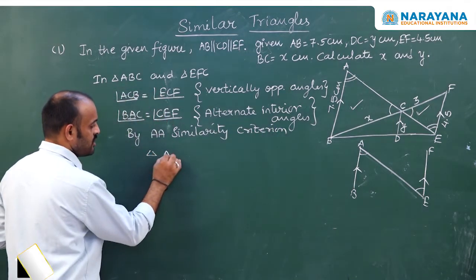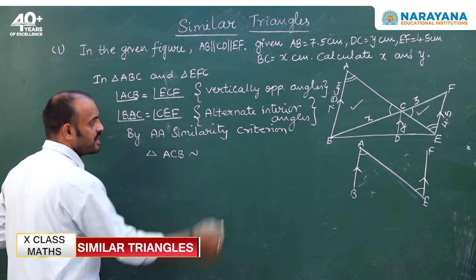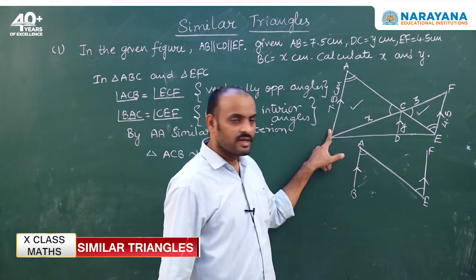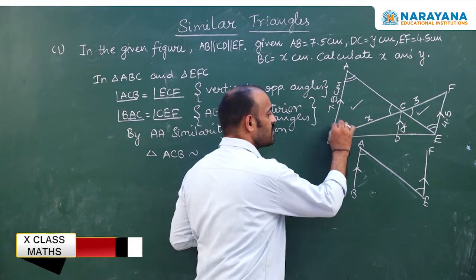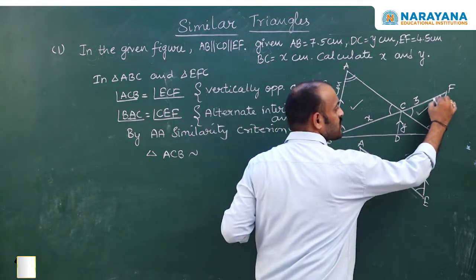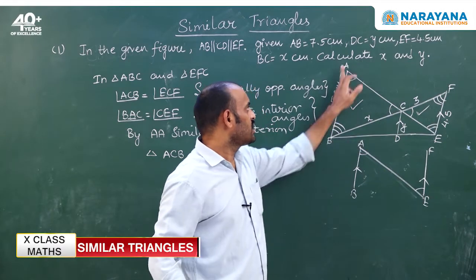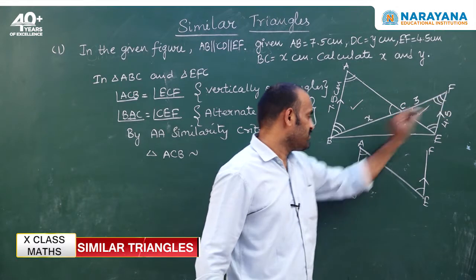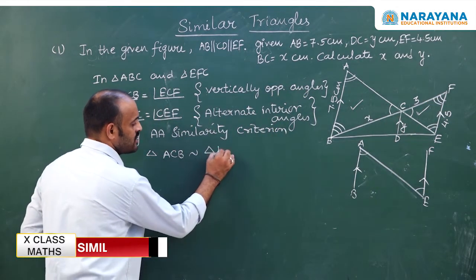Triangle ACB is similar to triangle ECF. Obviously, this will be the third angle.